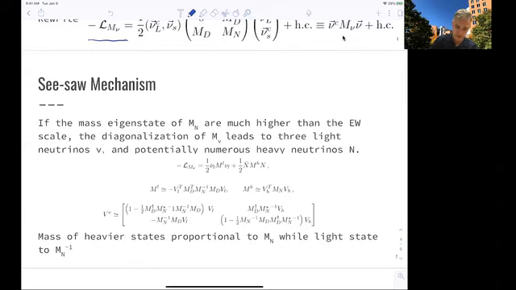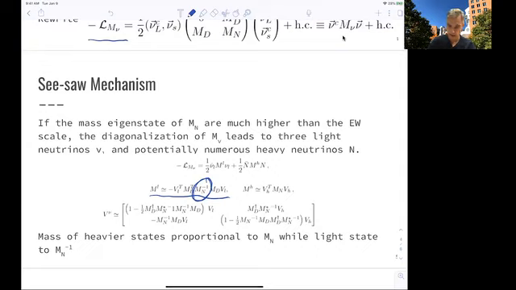If you then rewrite the mass term, you find for the light ones a term which goes with 1 over the scale of this neutrino. That is a nice motivation for this kind of physics, as it automatically reduces the mass of the neutrino, as we observe their masses to be very small in nature.